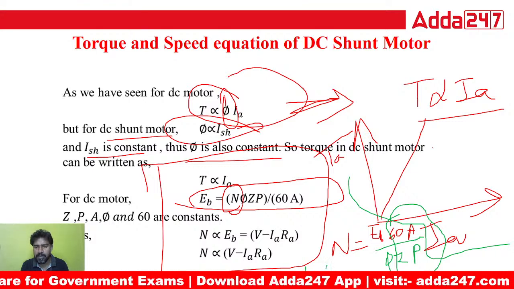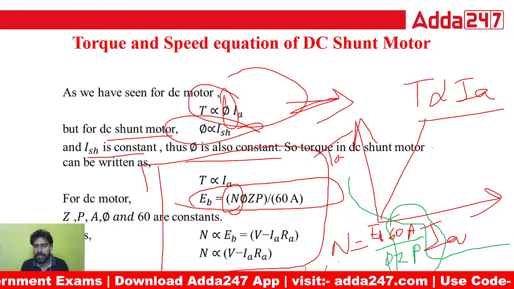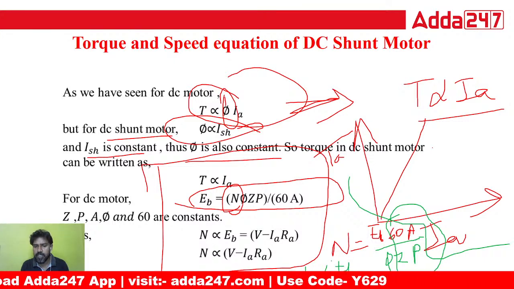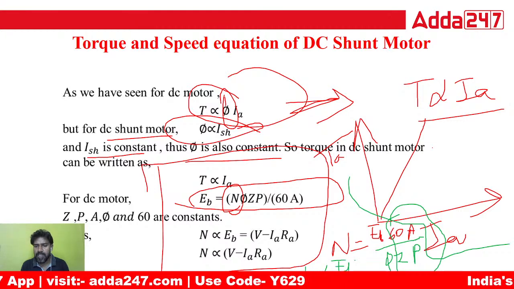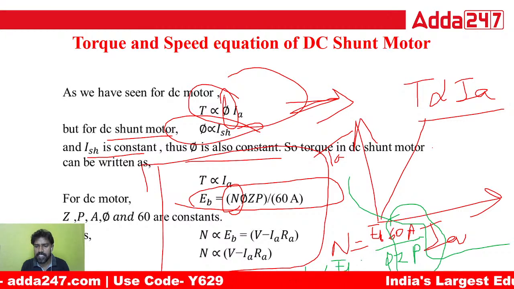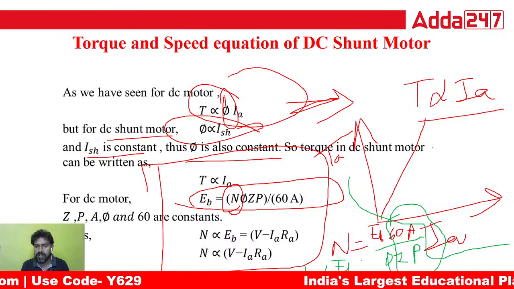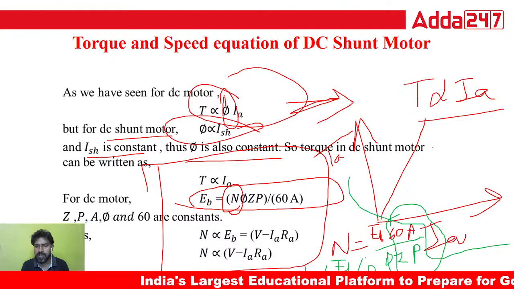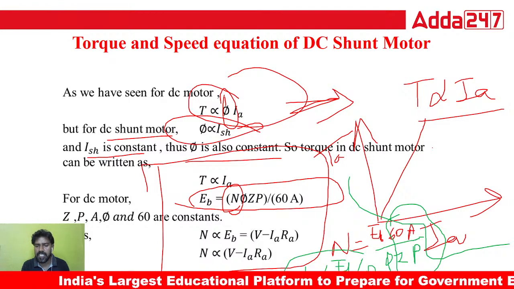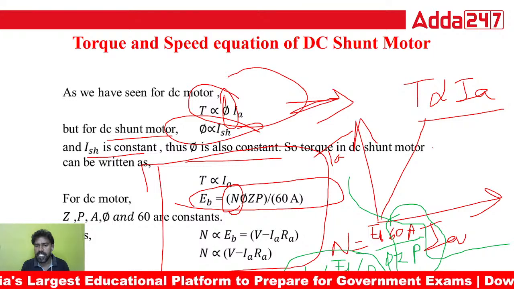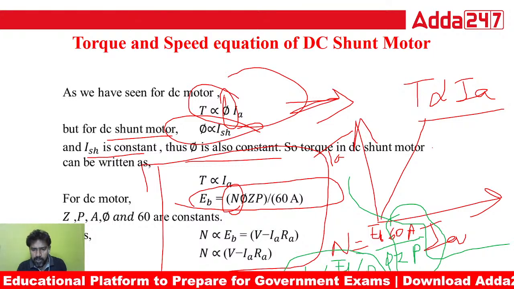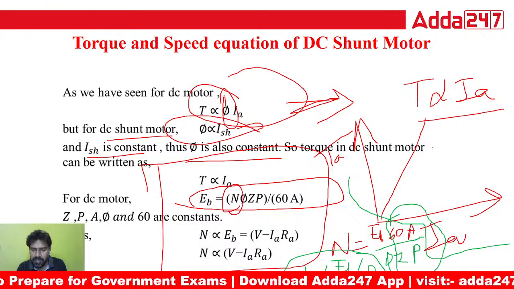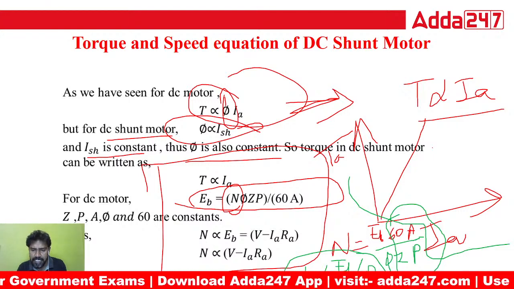Speed is directly proportional to E_b, and inversely proportional to flux. This is the final speed equation you can remember. If the flux increases, speed will decrease. If the flux decreases, speed increases.